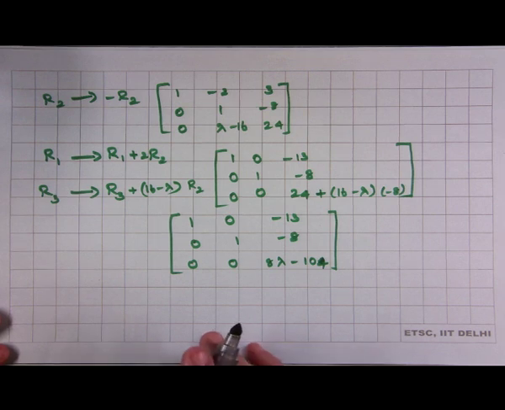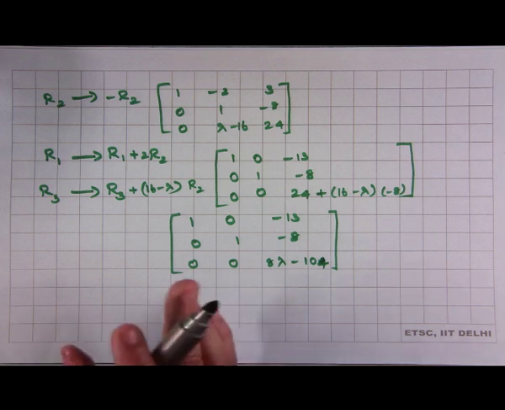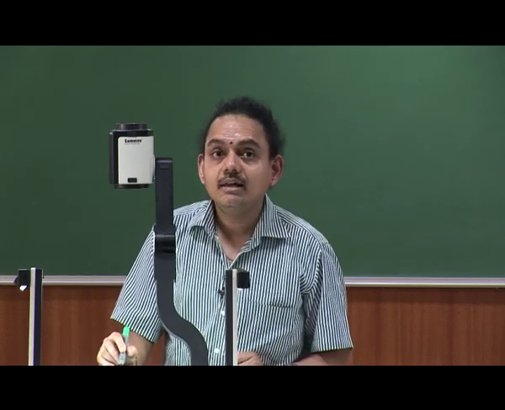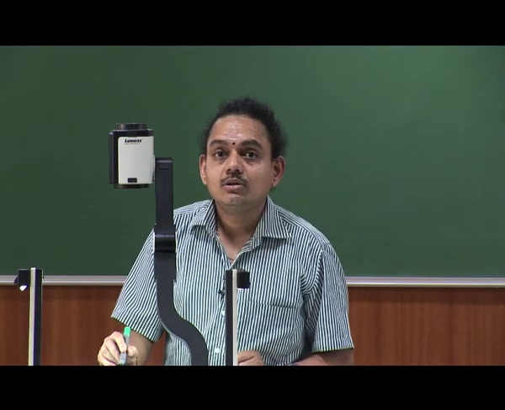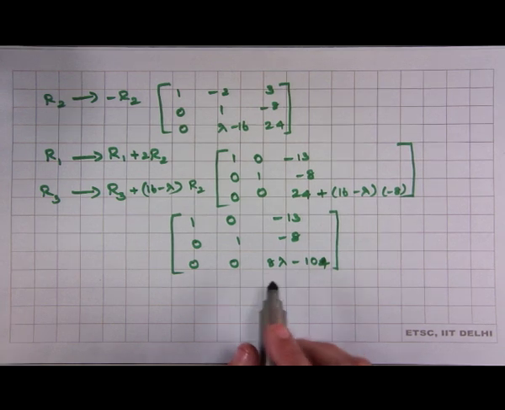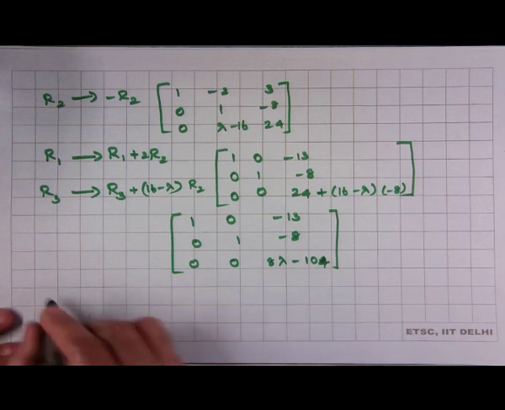Now, what is given is that the system has got a non-trivial solution. If the system has got a non-trivial solution, which means that the rank of the coefficient matrix should be less than 3. So, if you want the rank to be less than 3, this 8 lambda minus 104 should be 0.